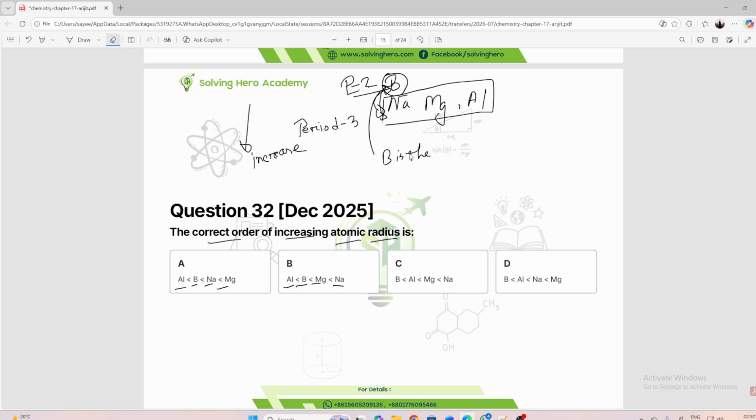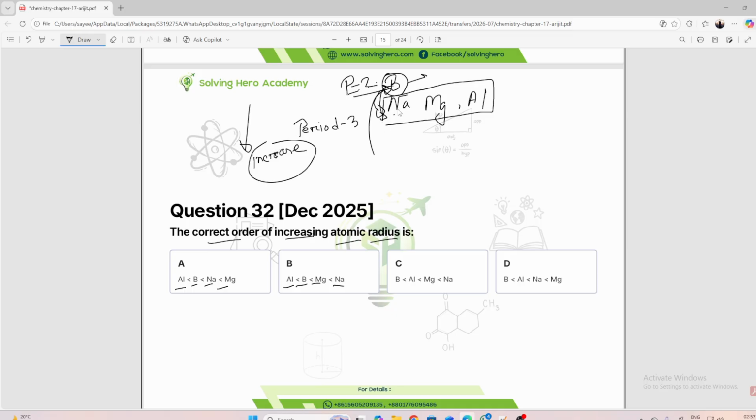That means boron is the smallest. Why is boron the smallest? I guess I have already explained that. If you go from period 2 to period 3, that means up to down, the size increases. These 3 are in period 3, so sodium, magnesium, aluminum are already bigger than the boron atom.